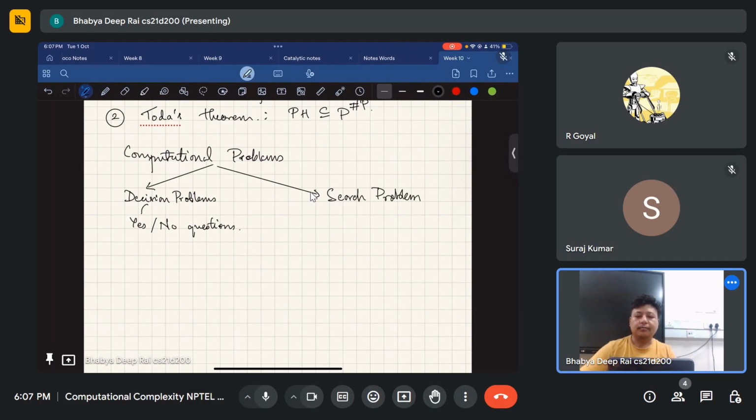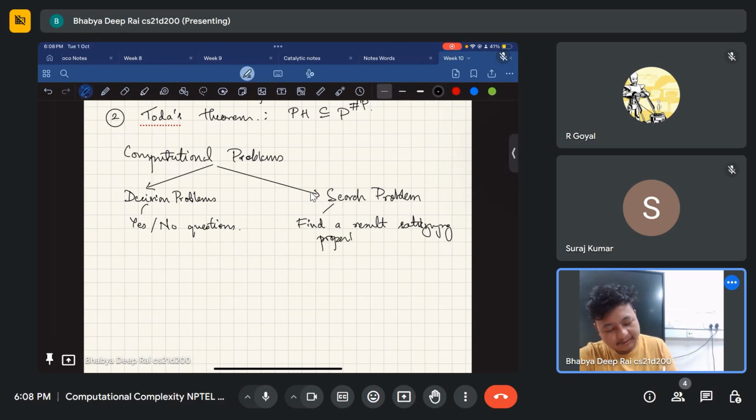Okay, what is the search problem? The search problem says: find a result satisfying some property, let's say property P.